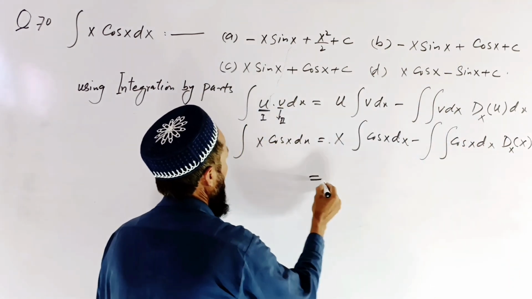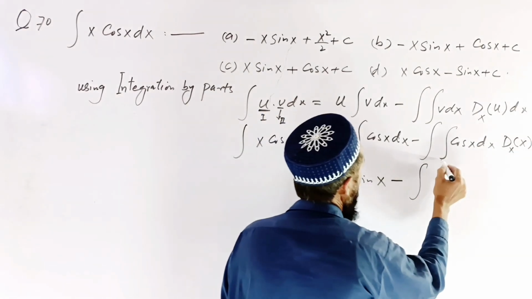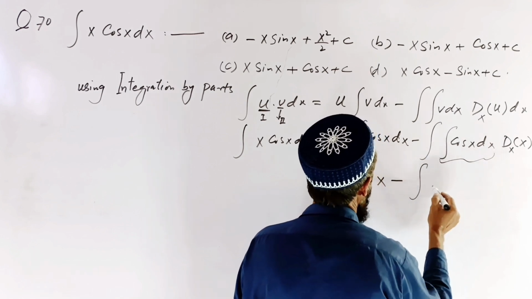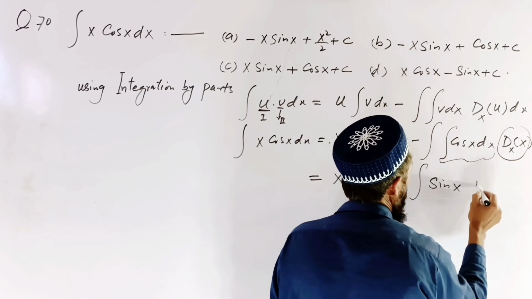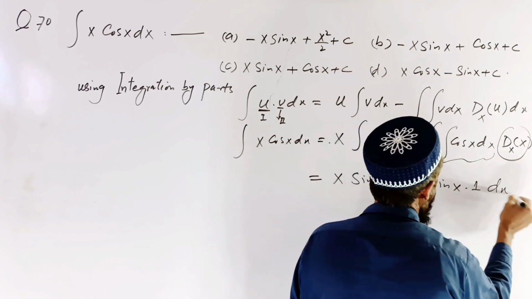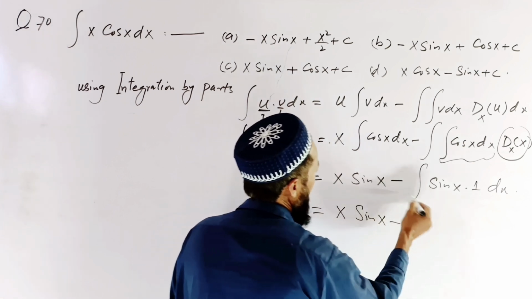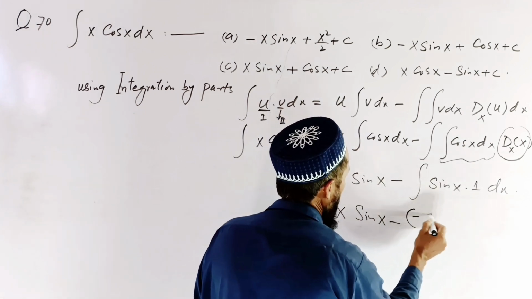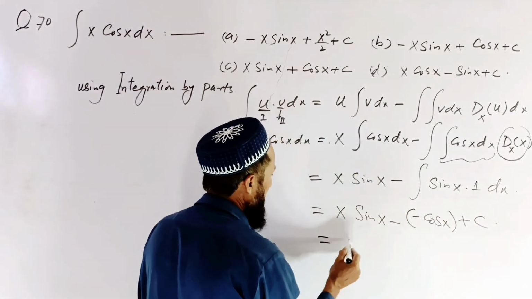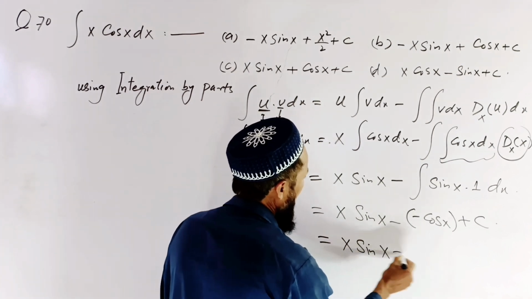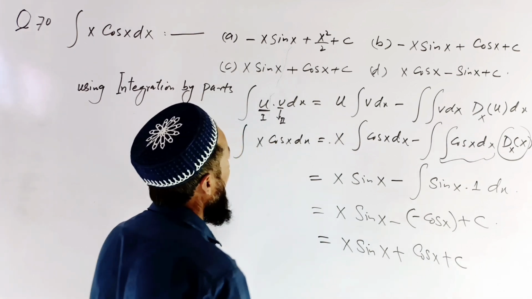So look here, the integration of cos x is sin x, and the derivative of x is equal to 1 into dx. So we get here x sin x, and the integration of sin x we get minus cos x plus c. So minus into minus is plus: x sin x plus cos x plus c. So that is the required result.